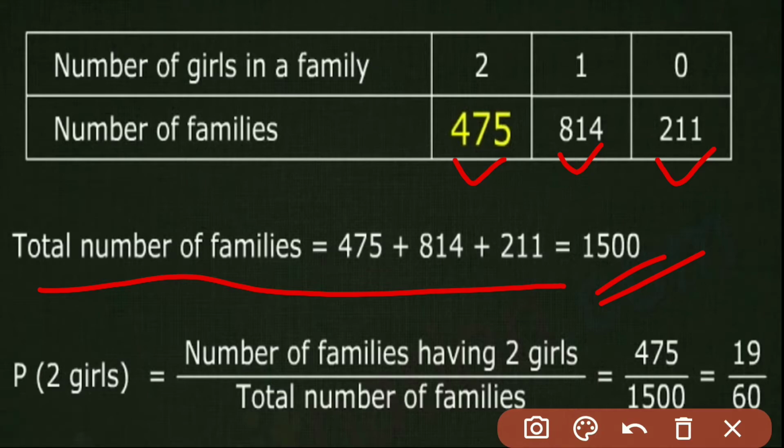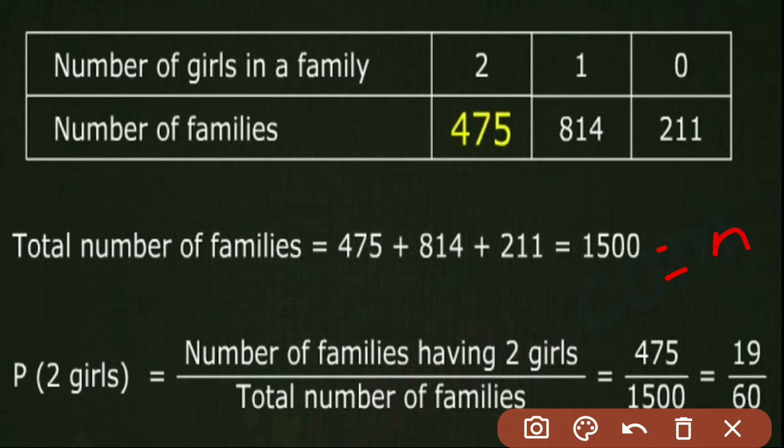The very first probability which we have to find is that there should be two girls. The number of families having two girls is 475 divided by 1500, the total number. The total number is called n, and the required condition is called m. Here 475 is your m and 1500 is your n. When we divide and cancel by 5, we get 19 upon 60.